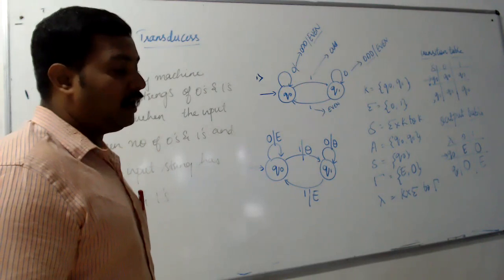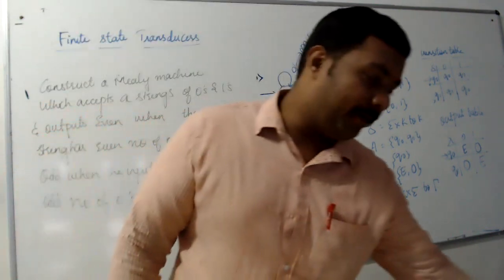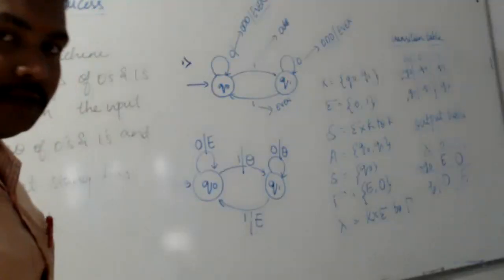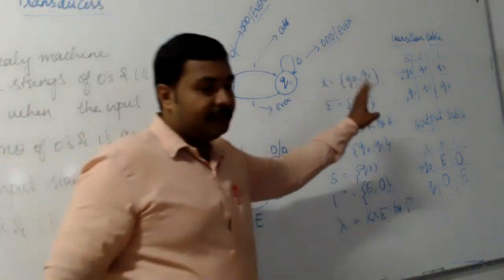So after analyzing like this and understanding, we should draw this Mealy machine. It is not necessary to draw it in this same variation, you can analyze. So this Mealy machine can be designed with different variations also. Clear with this? Yes, getting?